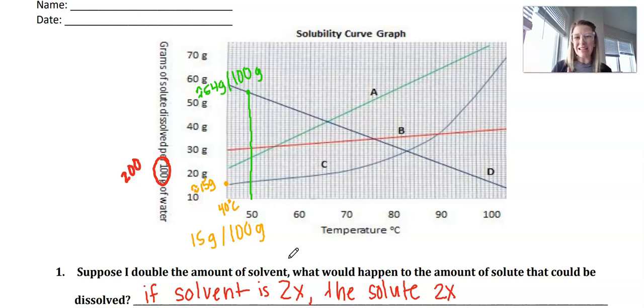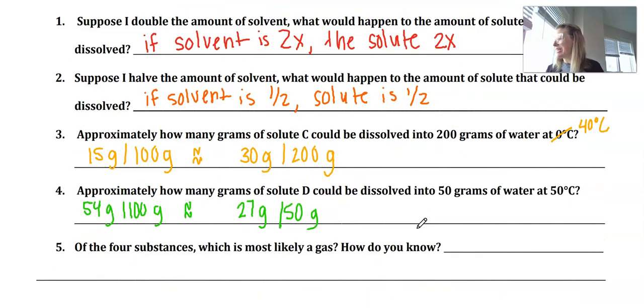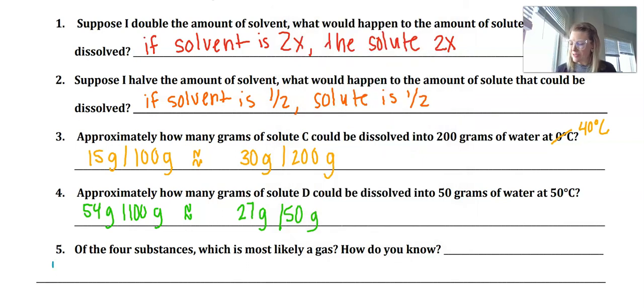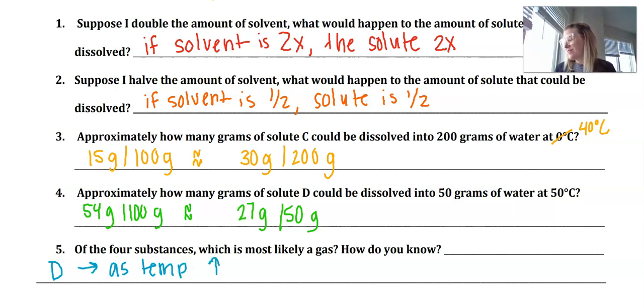So if it's a gas, an increase in temperature would cause it to decrease in solubility. Therefore, the only one of these would be D. D is our only option for a gas. So solution D, as temperature increases, solubility decreases.